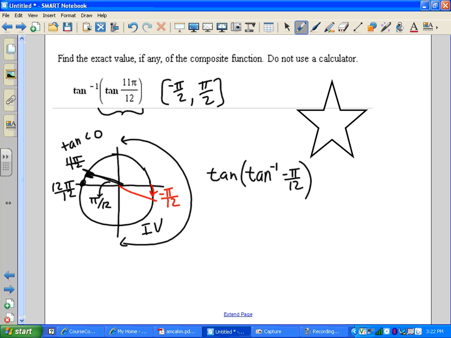Now we can actually do that, because negative pi over 12 is in the fourth quadrant, and so now they can cancel. All right, so that one was definitely different. The idea is that this was not in the right quadrant, so I had to relocate the angle by using the reference angle.